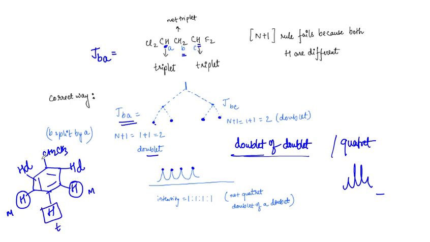Because there is a sigma plane in the molecule which renders these two protons the same. So when we come to the splitting of this one, these two protons become the same and split it into a triplet. But when we are talking about this proton, there is no sigma plane like this. This proton and this proton are both different, so again it is going to be a doublet of a doublet, because the adjacent protons are only 1 proton.